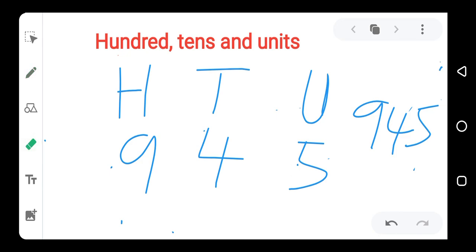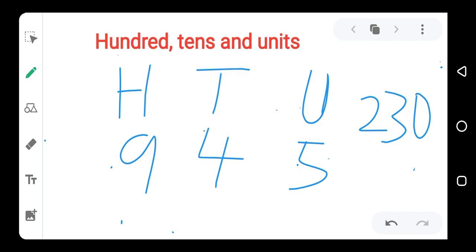Now let's do the last one. If we have 230, it has 3 digits.